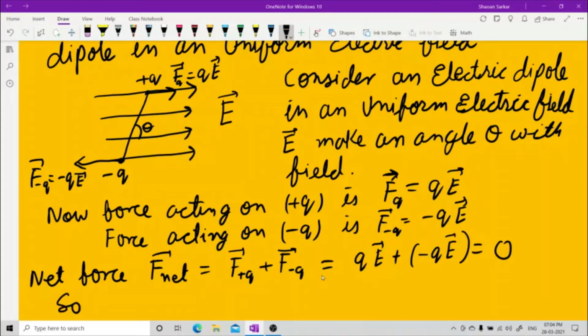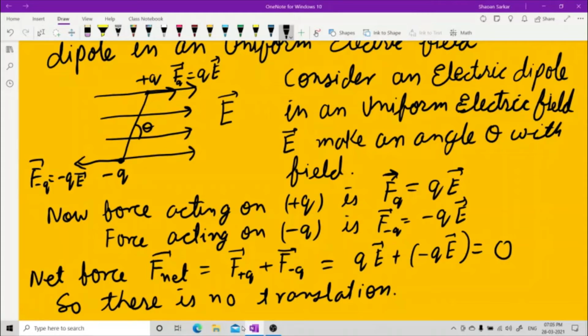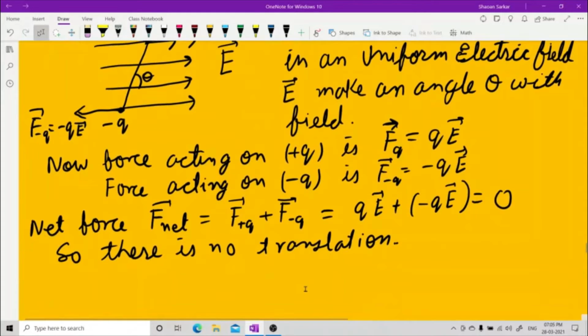So net force being 0, there is no translation.